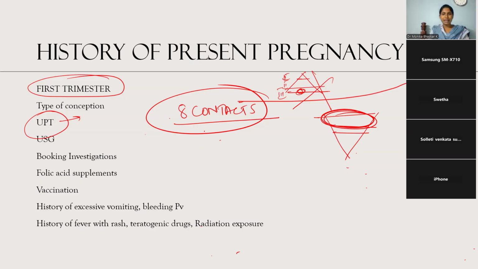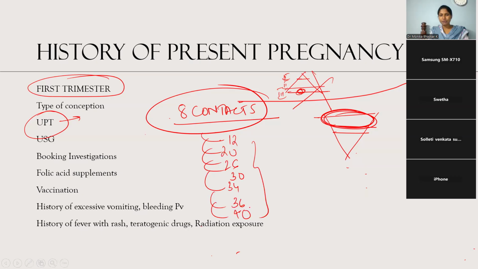And these eight contacts have also to be remembered by you. The first contact is at 12 weeks, then 20 weeks, then 26 weeks, then 30 weeks, then 34 weeks, then 36 weeks, and then 40 weeks. So these are the eight contacts: 12, 20, 26, 30, 34, 36, and 40.